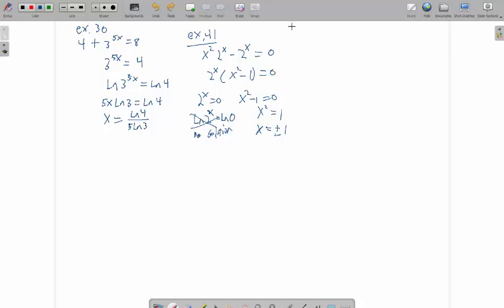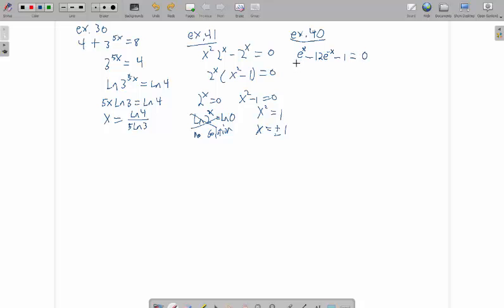How about this one? This is something I would never give you guys on a test, but I might give you on some homework. Exercise 40, we have e to the x minus 12 e to the negative x minus 1 equals 0. So how do I solve this?